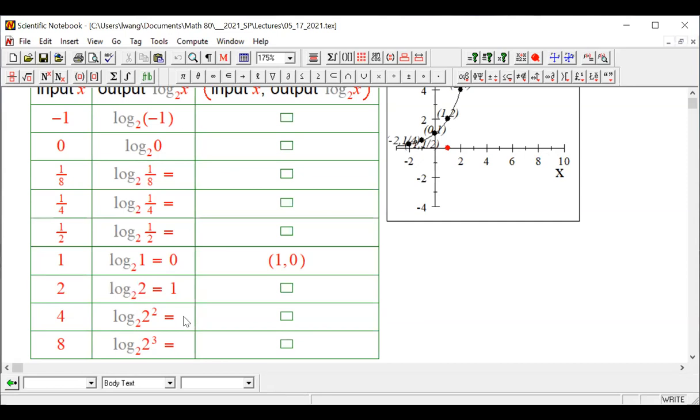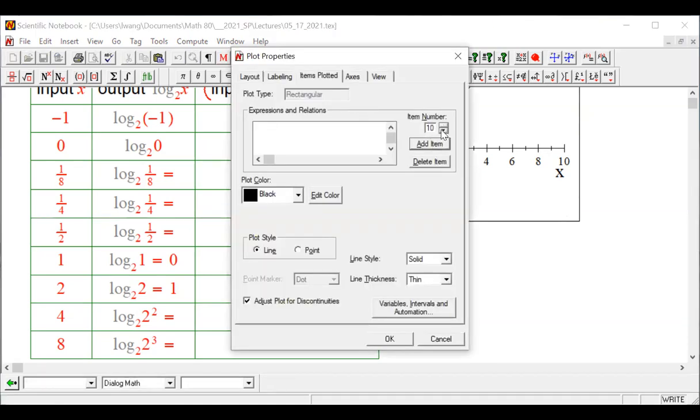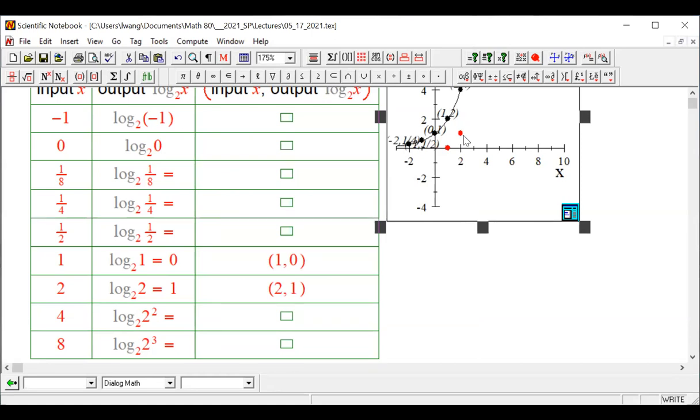Okay, that's equal to 1. So we have input is 2, output is 1. We're going to put this point on the graph. 2, 1, and that's a red dot right there. And how about log base 2 of 4?